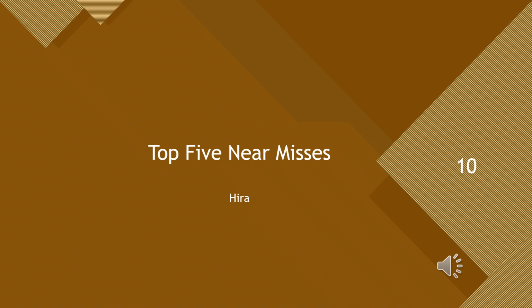Moving on to the top 5 near misses. These will include the top 5 near misses, and it will include a safety discussion for each near miss. It will give you a brief description of some methods or approaches to take on correcting.